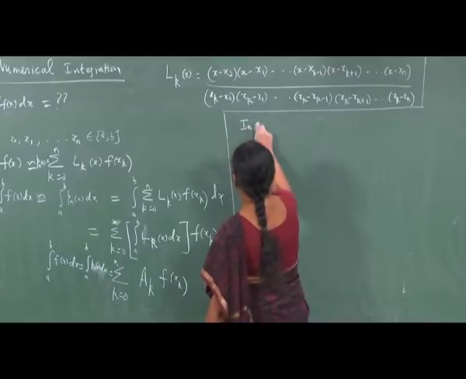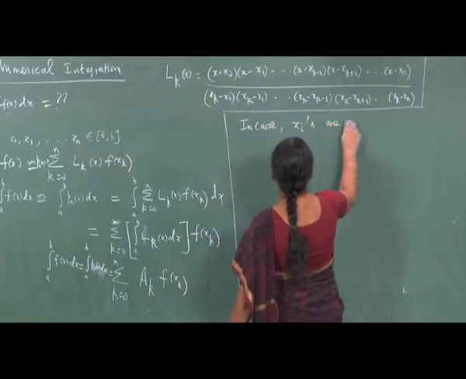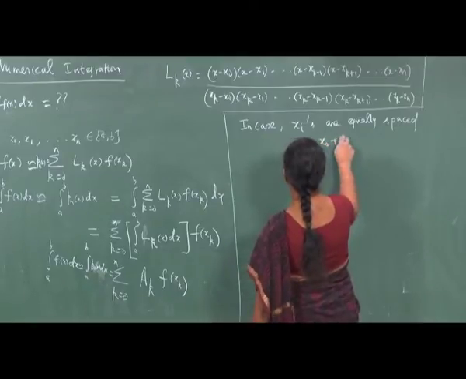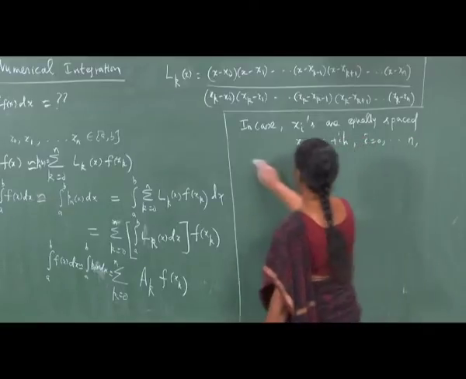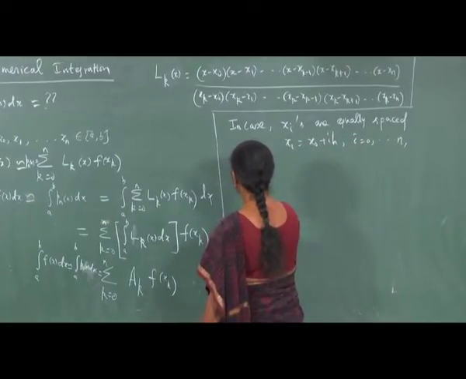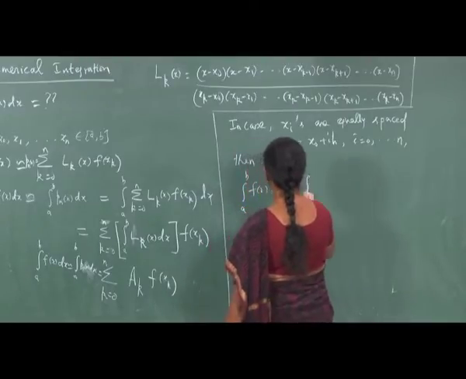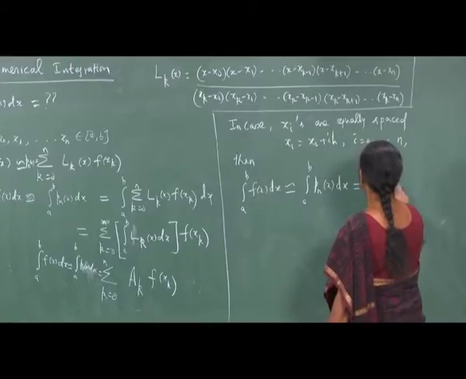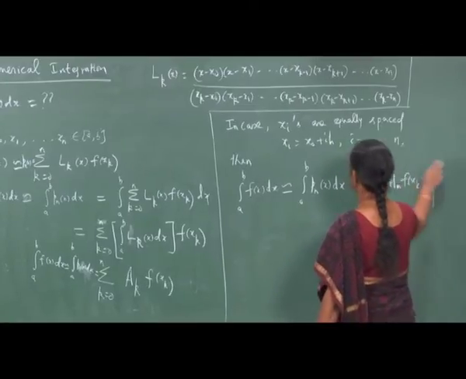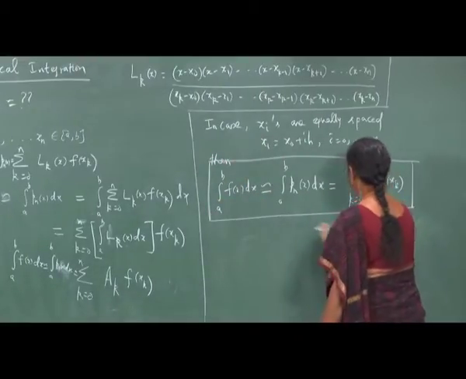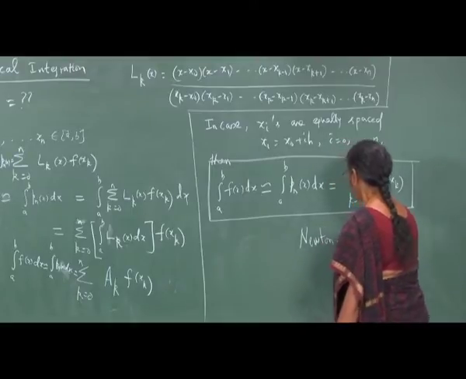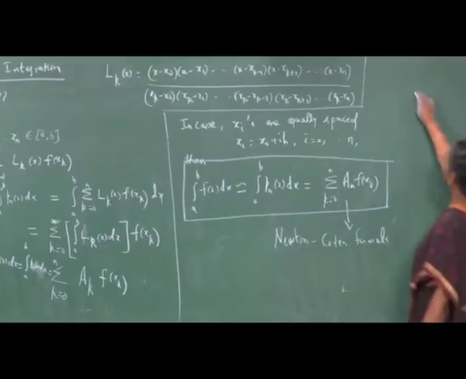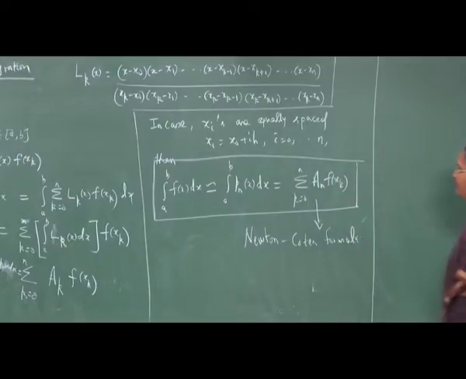So, in case xi's are equally spaced, namely xi is x0 plus ih for i equal to 0, 1, 2, 3 up to n, then integral a to b f of x dx, which is approximated by integral a to b Pn of x dx, which is equal to sigma k equal to 0 to n ak into f of xk. This is called Newton-Cotes formula.